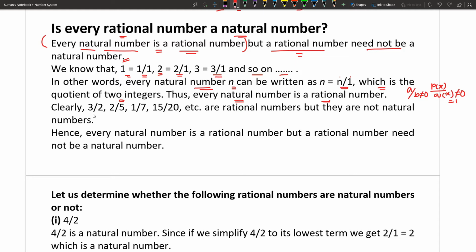Now clearly 3 by 2, 2 by 5, 1 by 7, 15 by 20 are examples of rational numbers, but they are not natural numbers. Hence every natural number is a rational number, but a rational number need not be a natural number.